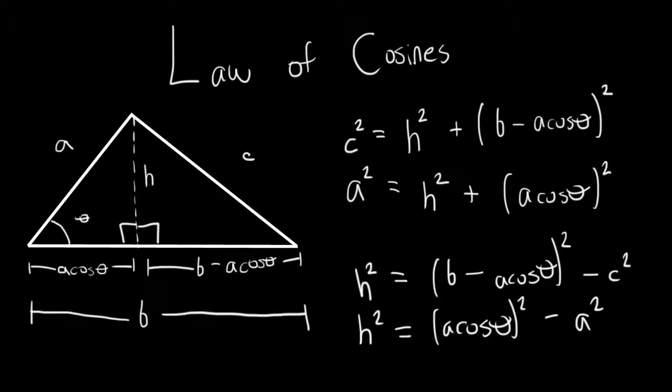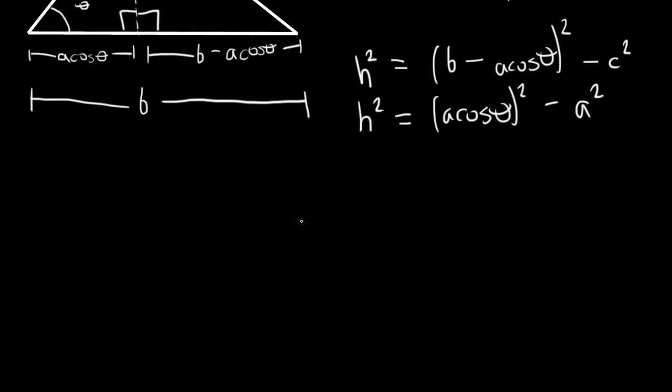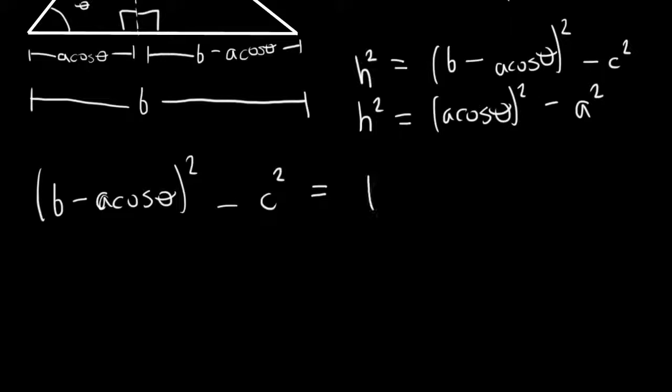We're going to make these equal to each other. So I'll write here, B minus A cosine theta, squared, minus C squared is equal to A cosine squared minus A squared. So we can break these out and simplify.